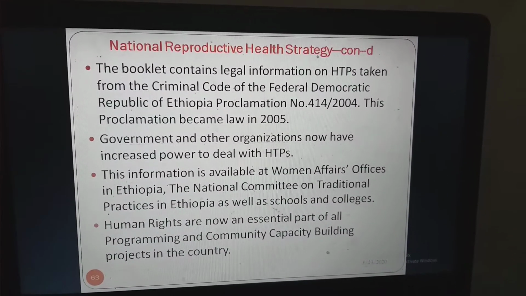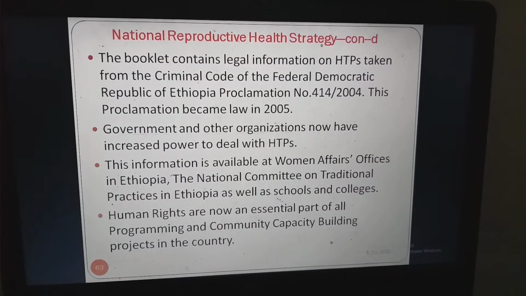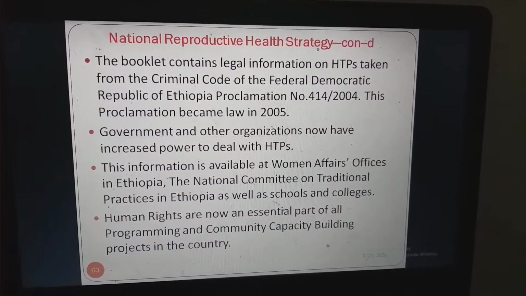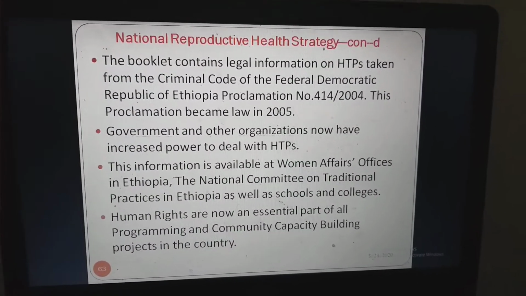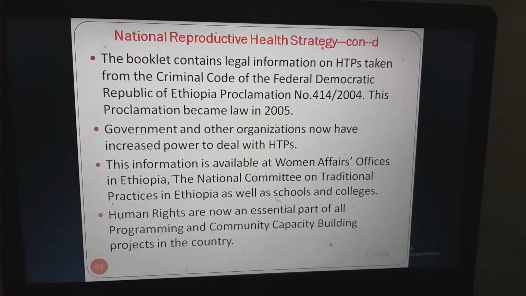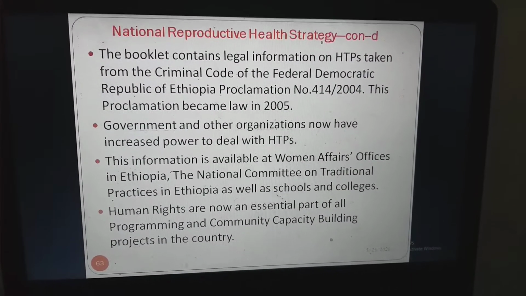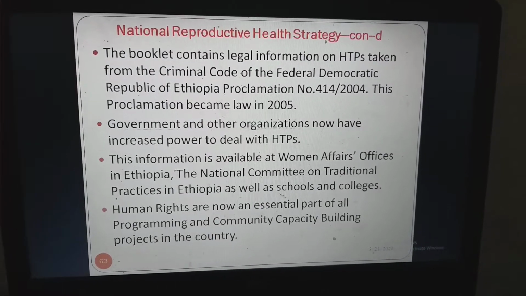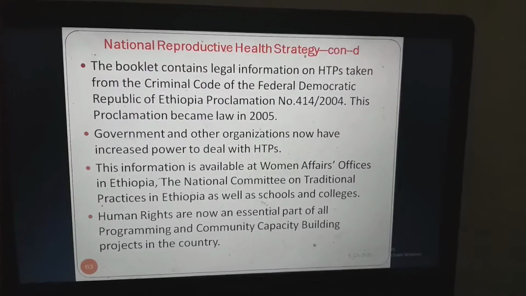Government and other organizations now have increased power to deal with harmful traditional practices. This information is available at Women Affairs offices, in Ethiopia and Somalia again, the National Committee on Traditional Practice in Ethiopia, as well as schools and colleges. Human rights are now an essential part of all programming and community capacity building projects in the country.